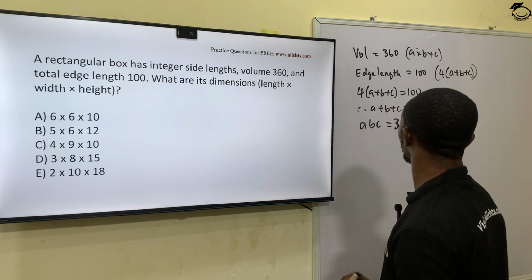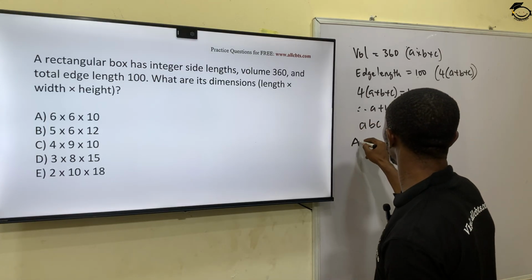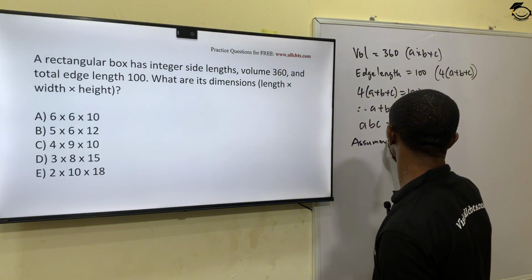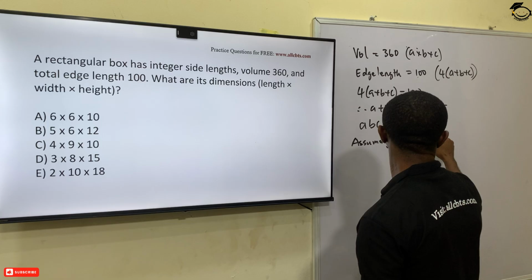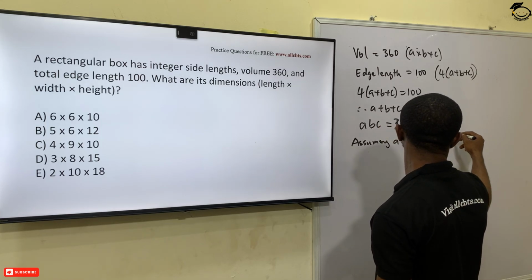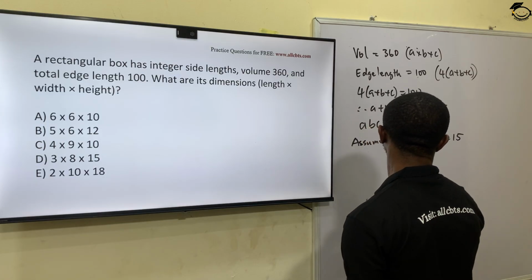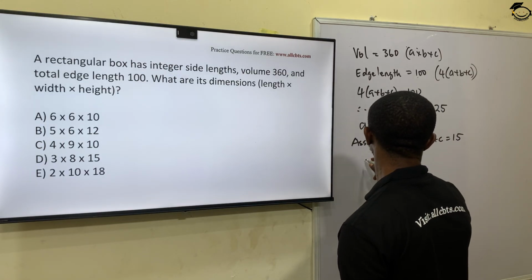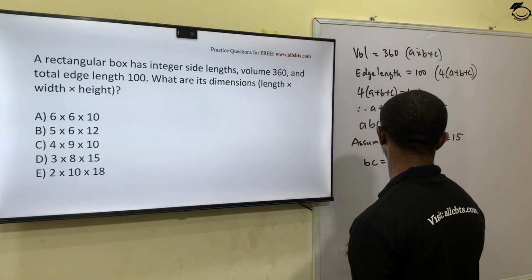So from here, if we assume A equals 10, that means B plus C would be 15. And if A equals 10, that means BC equals 36.